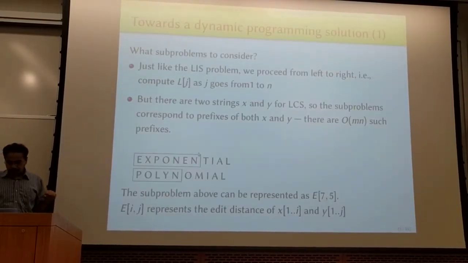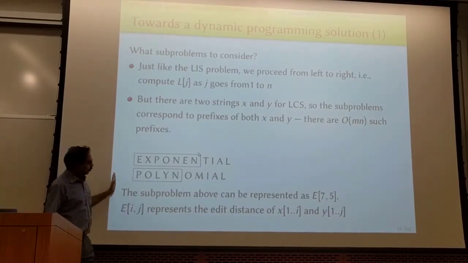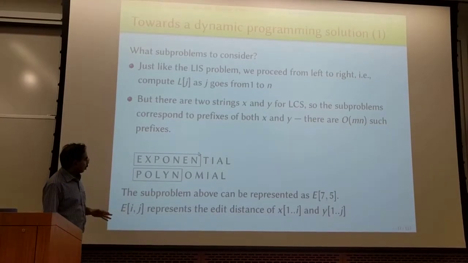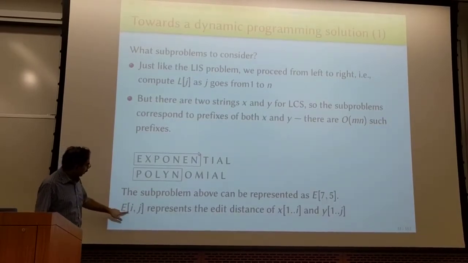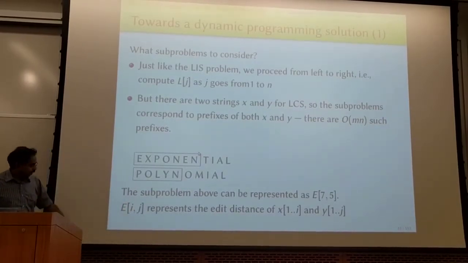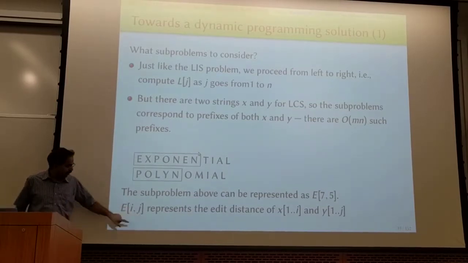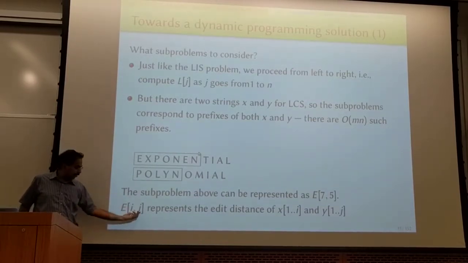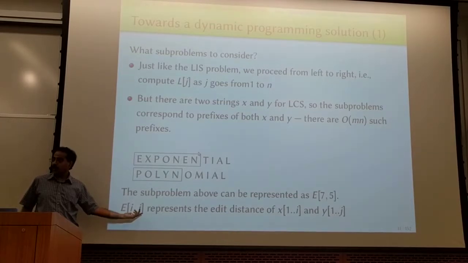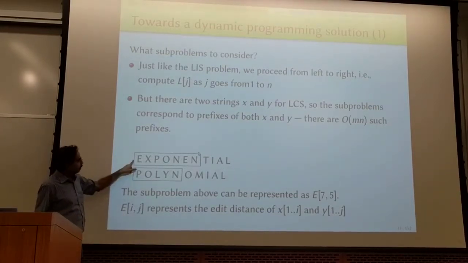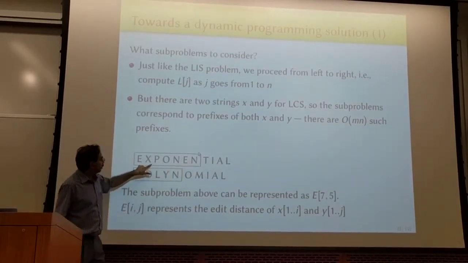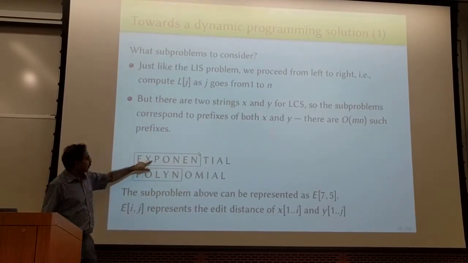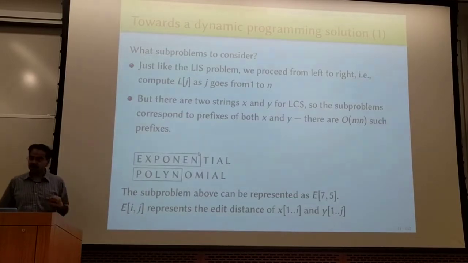The way we are going to do this is to go left to right. We are going to use E of i comma j, where E stands for the edit distance, and i comma j captures the prefix on which we have already worked. For instance, we might have computed the edit distance between this prefix of 7 letters and this prefix of 5 letters.